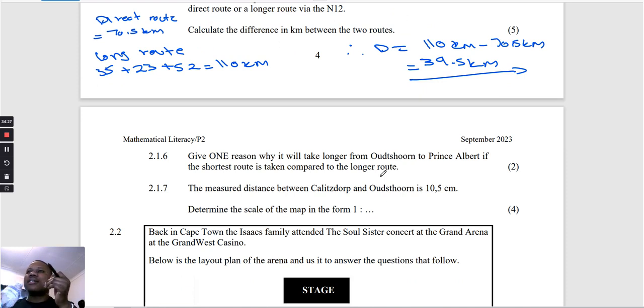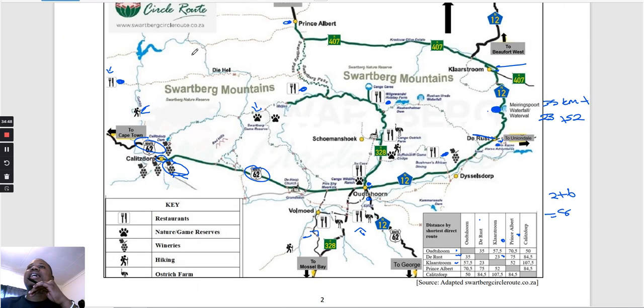Give one reason why it will take longer from the Orchards to the Princess if the shortest route is taken compared to the longer route. They say in terms of time, it's going to take long if you use the shortest route. Let's see what can be the disturbance or the distraction.